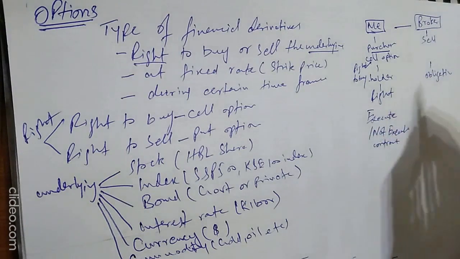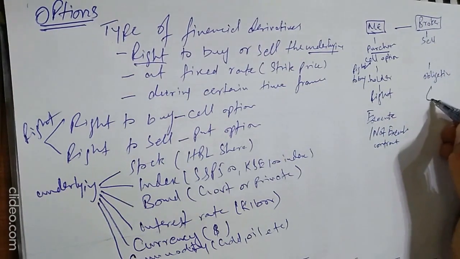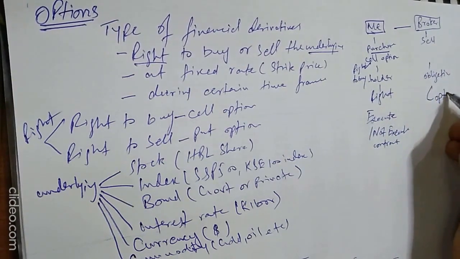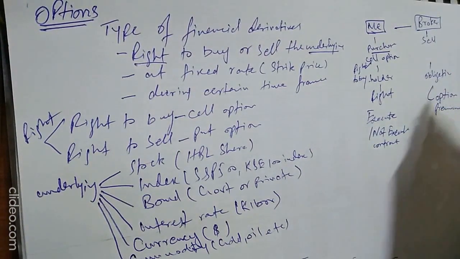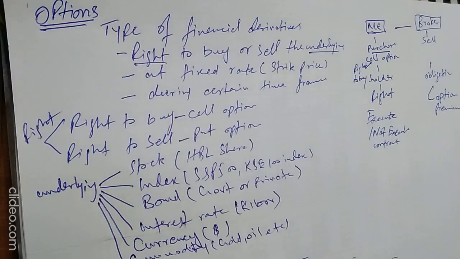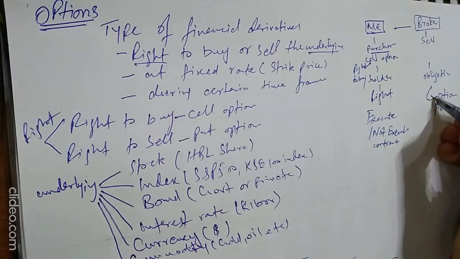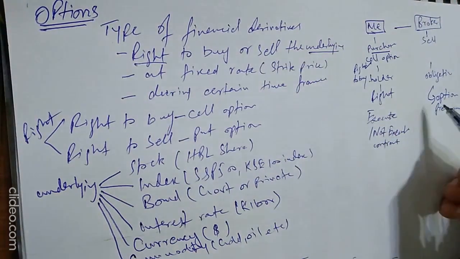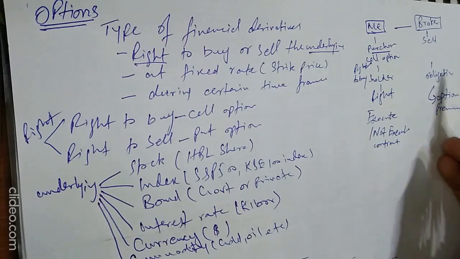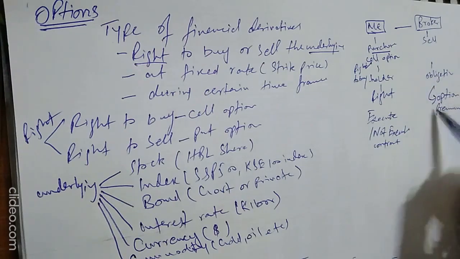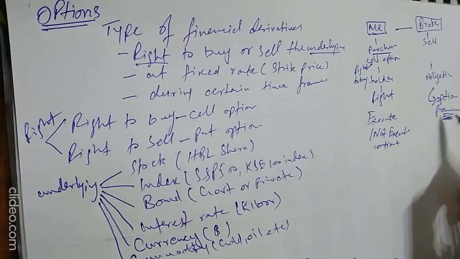Against this flexibility, the broker will charge some option premium, which is normally also called the option price. Against the option contract, normally the seller of the option charges an option premium. I'll discuss the option premium later.